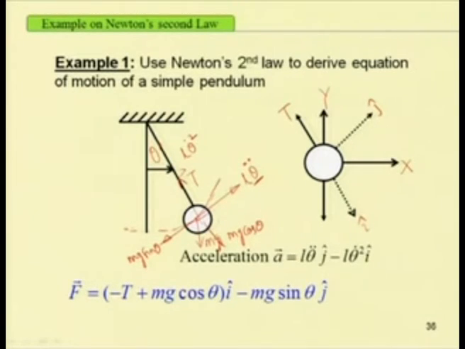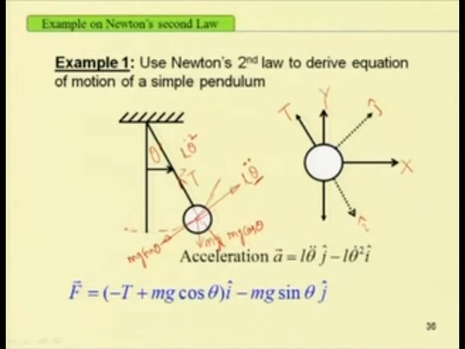As T will be equal to mg cos theta, the resulting force acting on the system equals mg sin theta, and the inertia force is also acting on the system. So, the total external force on the system, taking a coordinate system with i in this direction, will be minus T plus mg cos theta i minus mg sin theta j.